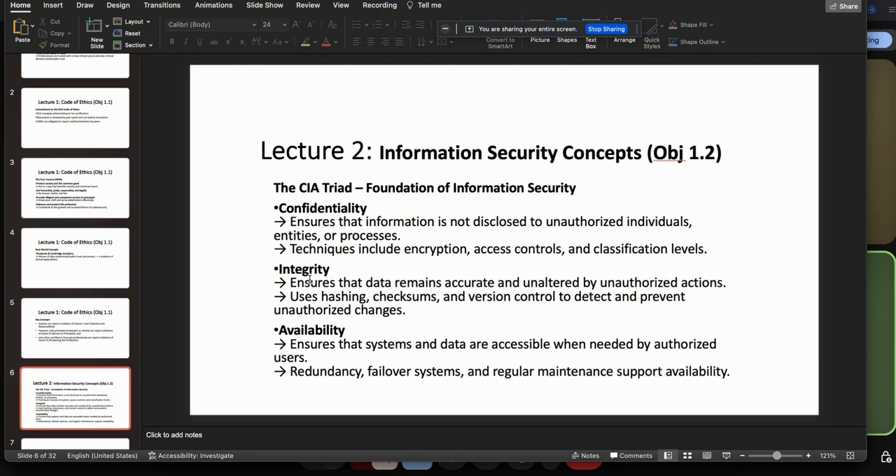If someone hacked your account and it shows 200 instead of 100, you will say, I took 100 from the ATM, how is it showing 200 here? That means there must be some issue with integrity. The original data is not original. It's altered, it's modified, and we should not accept this data.